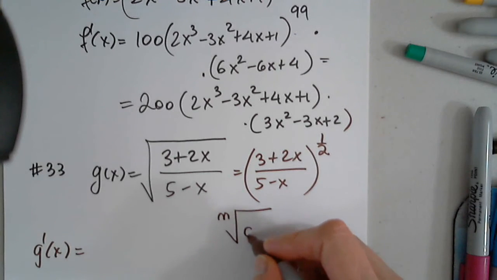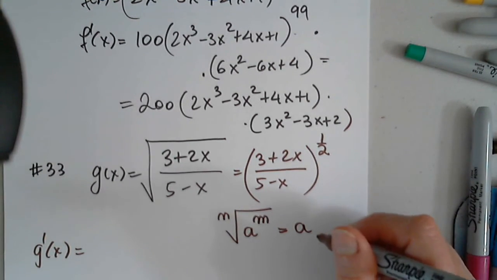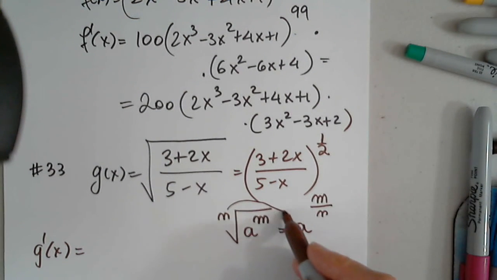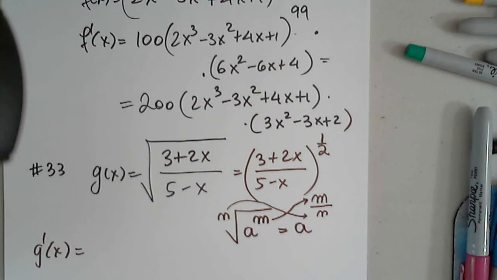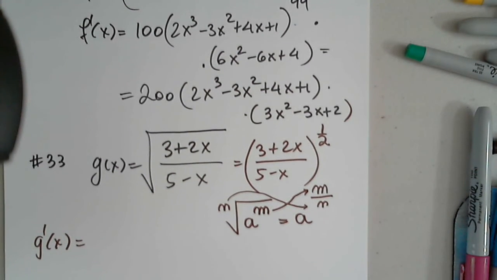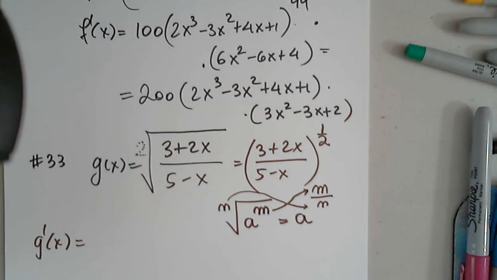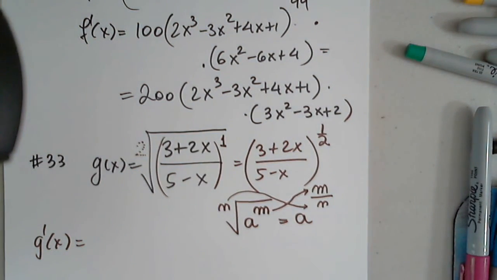The nth root of a to the mth power changes into exponential notation with a fractional exponent. The index is always the denominator and the power is always the numerator. The index here is 2, the only one we do not write. And the power inside of this fraction is 1.